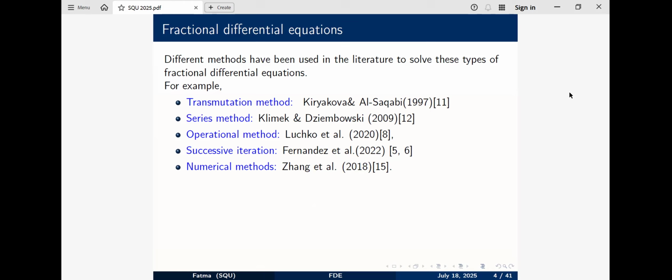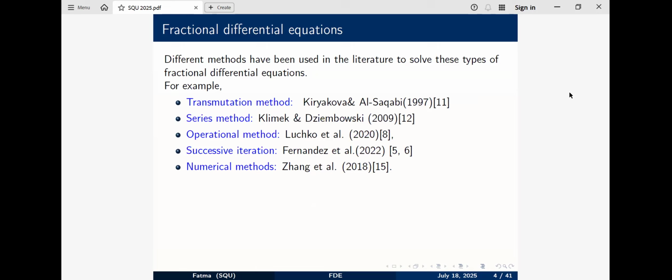There is also the series method, used by Kilbas and Dzhrbashyan in 2009. The operational method was used by Luchko and his co-authors, and by other people as well.